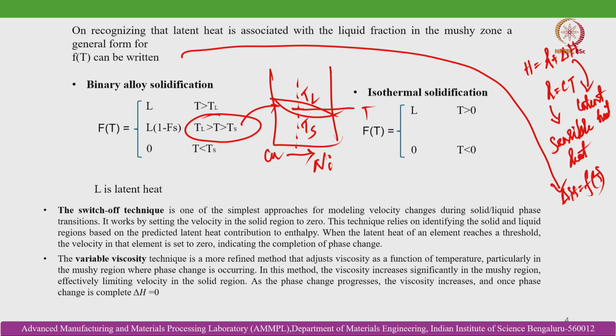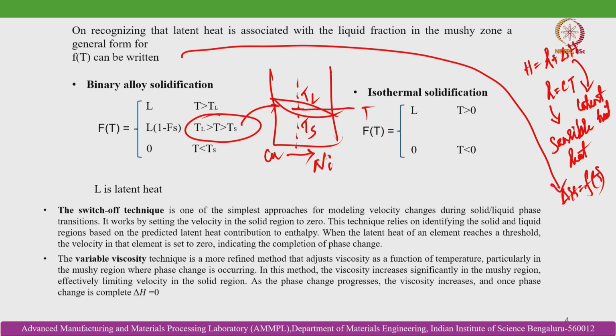The latent heat becomes 0 when T is less than Ts. That means there is no phase change involved, so the total content is solid. In the mushy zone the liquid fraction can be obtained by deducting the solid fraction from the total volume, that means 1 minus Fs.